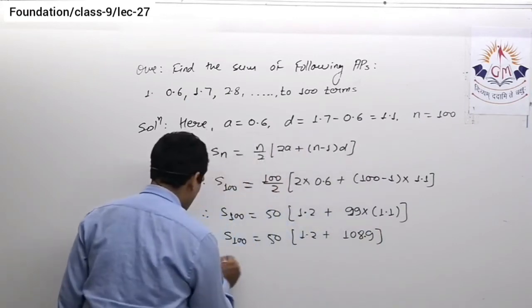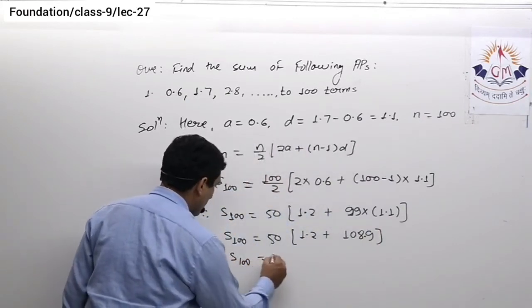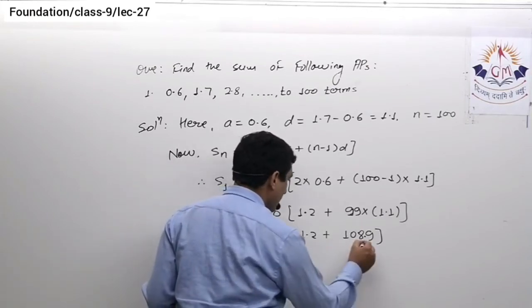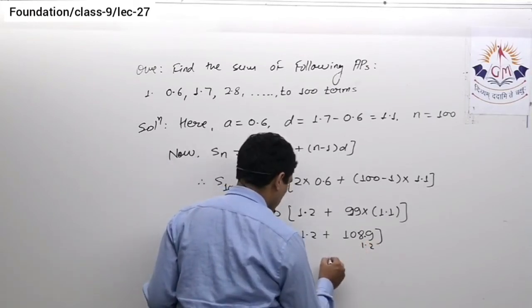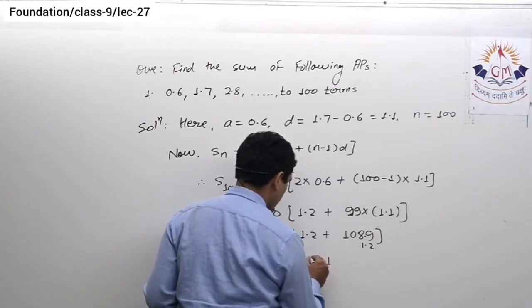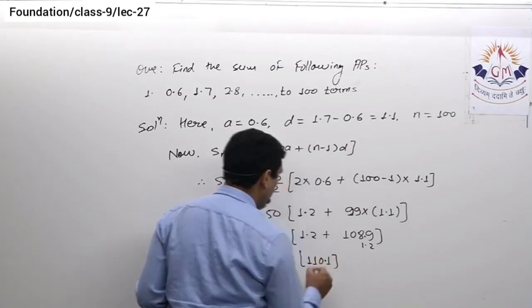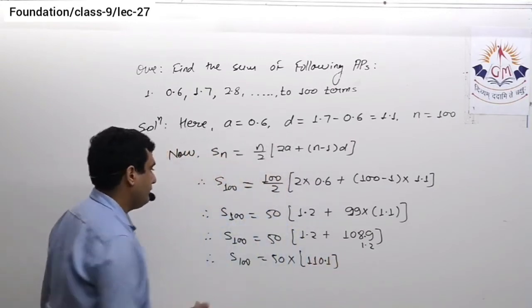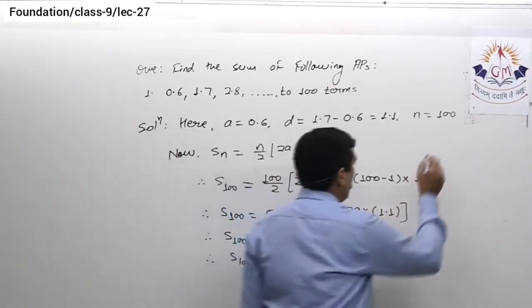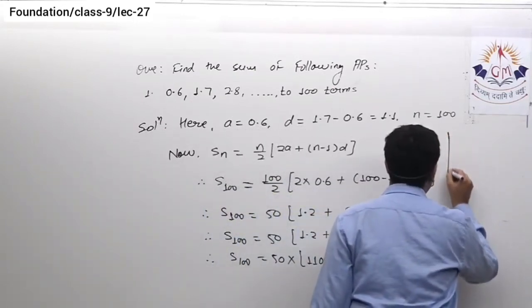Now if you add these, 1.2 plus 108.9 is 110.1. Now for the final answer, you just have to multiply these two.